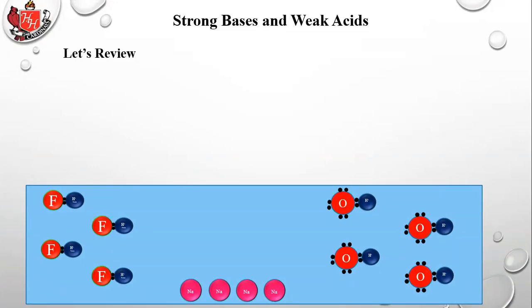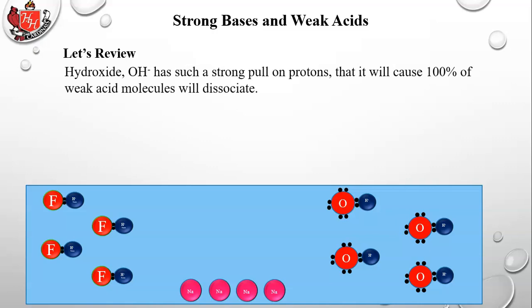So let's review the relationship between weak acids and hydroxides, and between weak bases and hydronium ions. Hydroxide OH- has such a strong pull on protons that it will cause 100% of weak acid molecules to dissociate. Remember, a weak acid in the presence of only water will only occasionally pass a proton to a water molecule. But in the presence of hydroxide, it will pass its proton over 100% of the time.